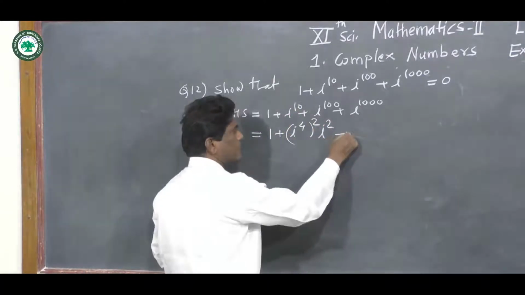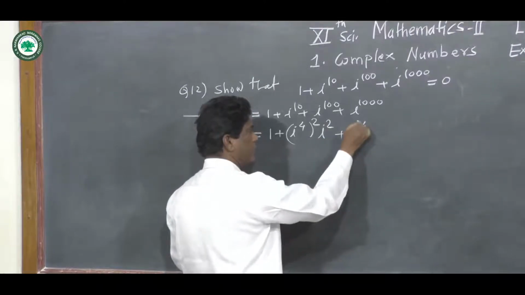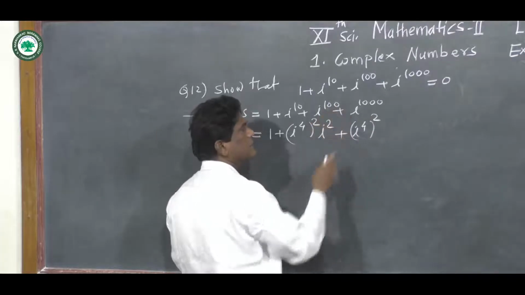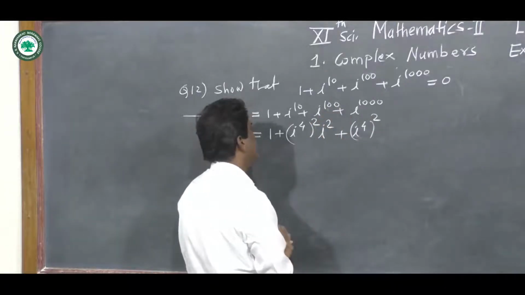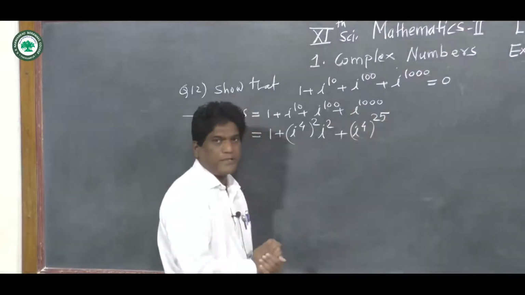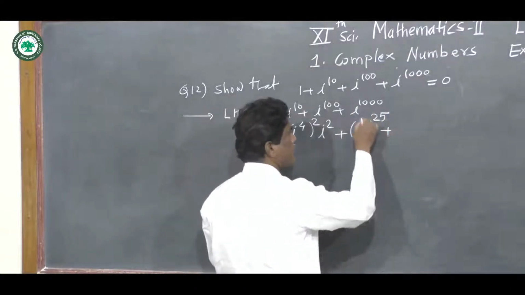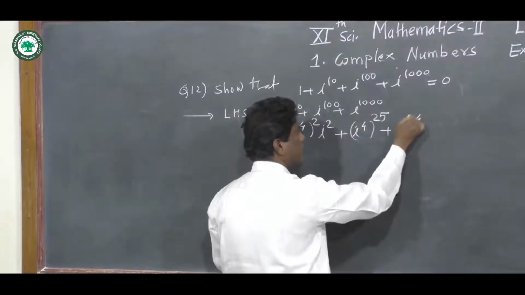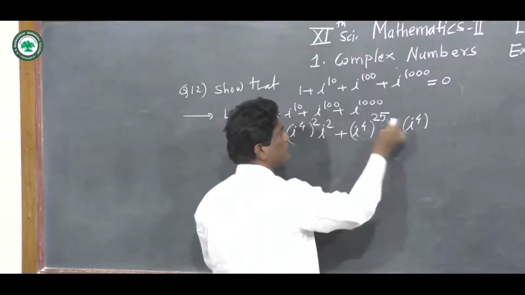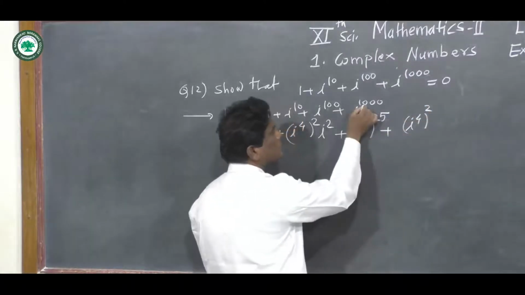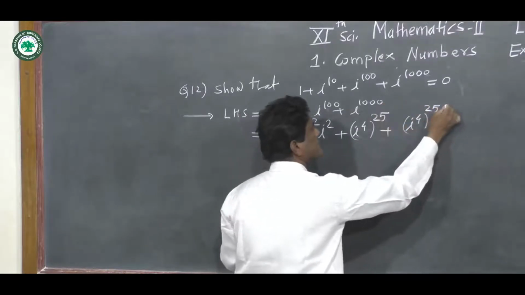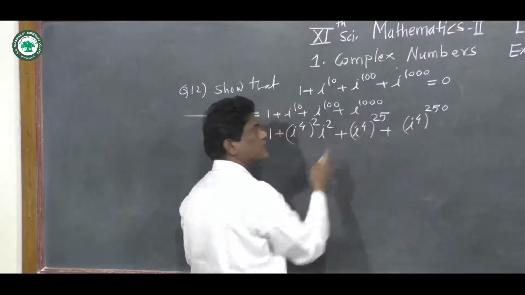Similarly here we write i to the power 4 and here 4 2s are 8, then 2 and 0, that is 20, and 4 5s are 20. Then here plus, here also we write i to the power 4 firstly, that means divide this 1000 by 4. So here 4 2s are 8, 2 and 0, 20, 4 5s are 20 and 0 as it is, that is 250 into 4, that is 1000.